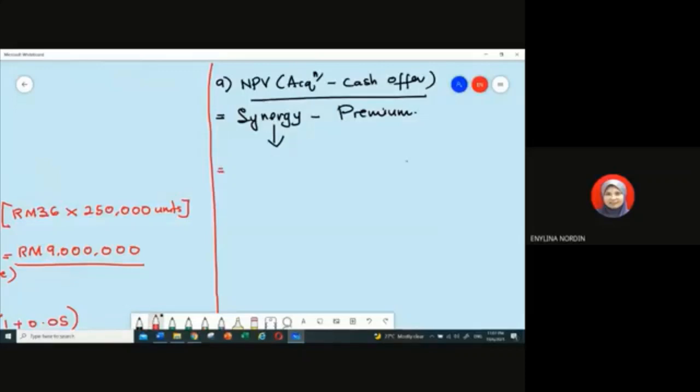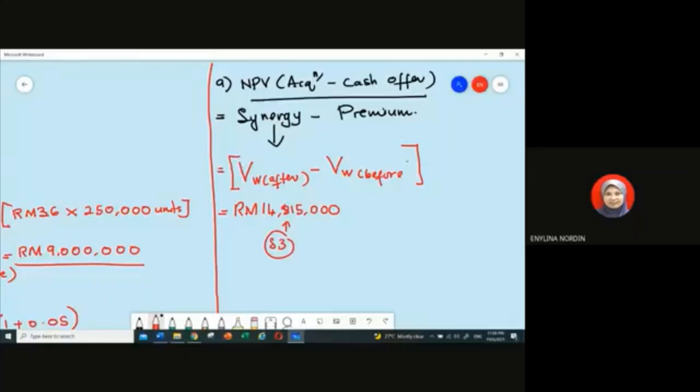We can find out the synergy by comparing the value of Wangsa, the target firm, after the acquisition, minus the value of Wangsa before the acquisition. The value of Wangsa after the acquisition is 14,815,000 from just now, in step 3.